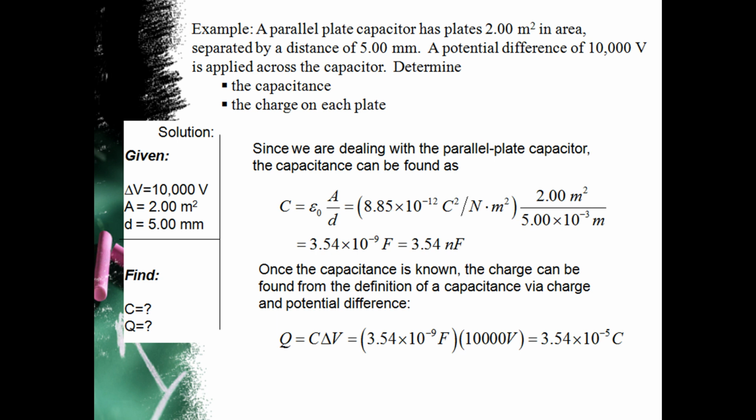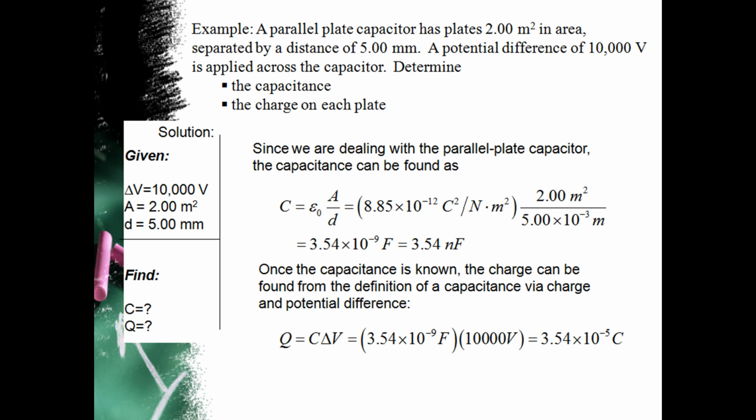We just transform the formula, and we get the formula for the charge: Q equals C times V, the capacitance times the potential difference.